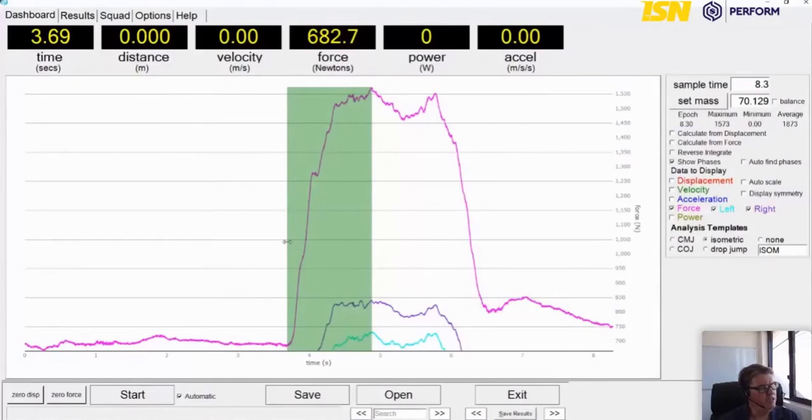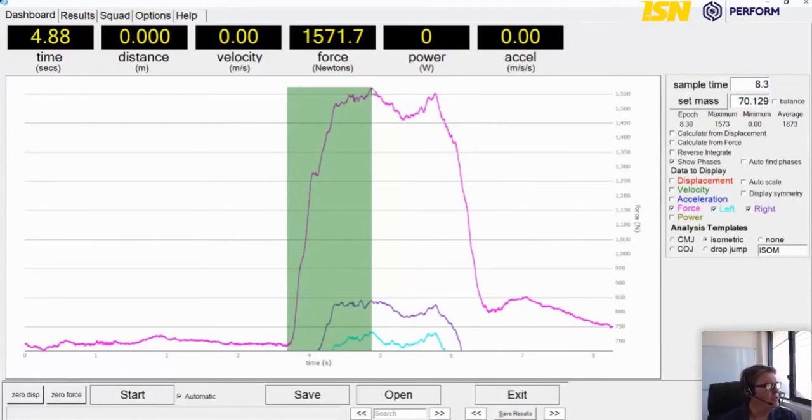And then the instruction is to pull as hard and as fast as you can, and to ramp up the force as quickly as possible up to a peak. And the peak occurs here. You can see it's about 1,572 newtons of force that they produce, and a whole range of parameters are then calculated from that.